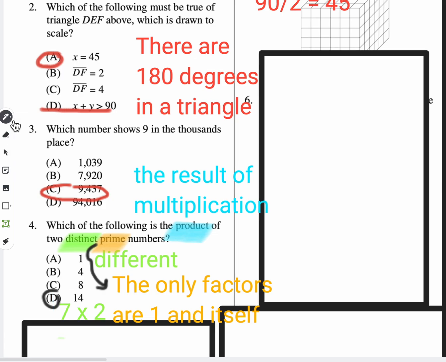For example, 1, 4, and 8 are not prime. Let's remember that 2 will be our first prime number, by the way, not 1. Choice B would be the product of 2 and 2, which would not make them distinct numbers. D is our correct answer.